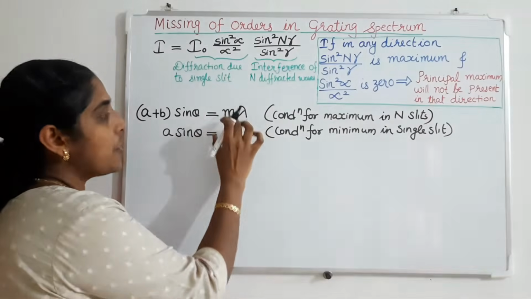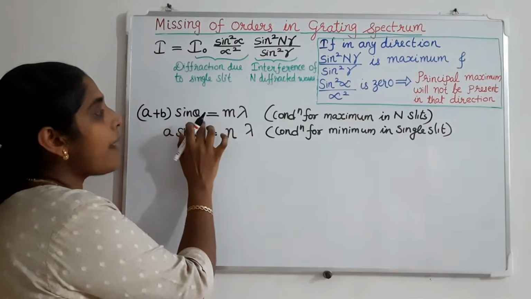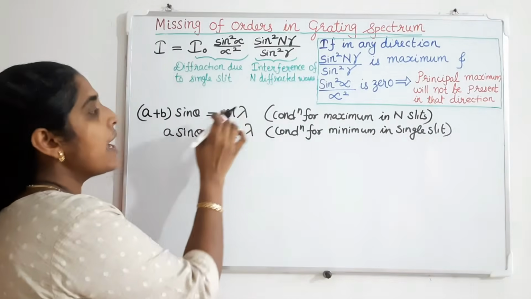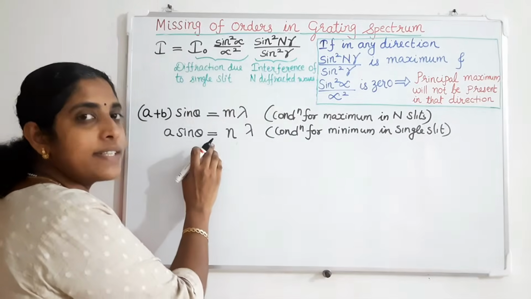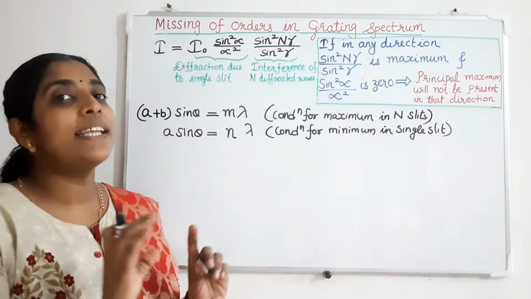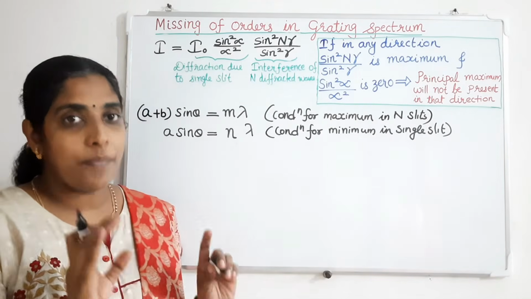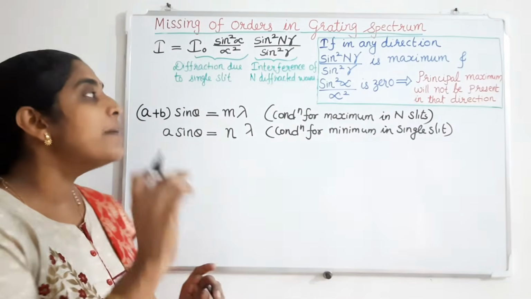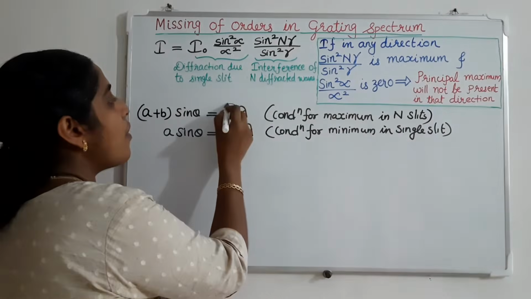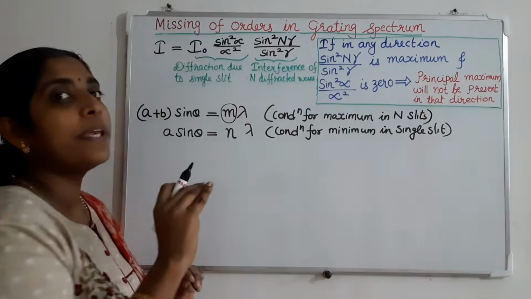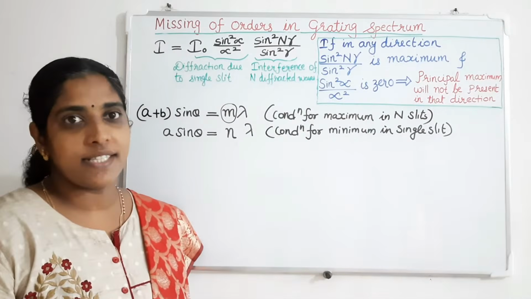If both these equations, the condition for maximum in n slits and the condition for minimum in single slit, are simultaneously satisfied at a point, then the principal maximum of order m will be absent in the grating spectrum.